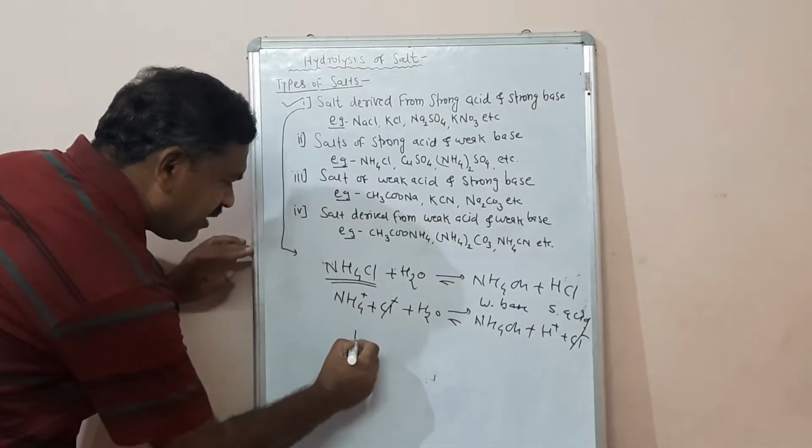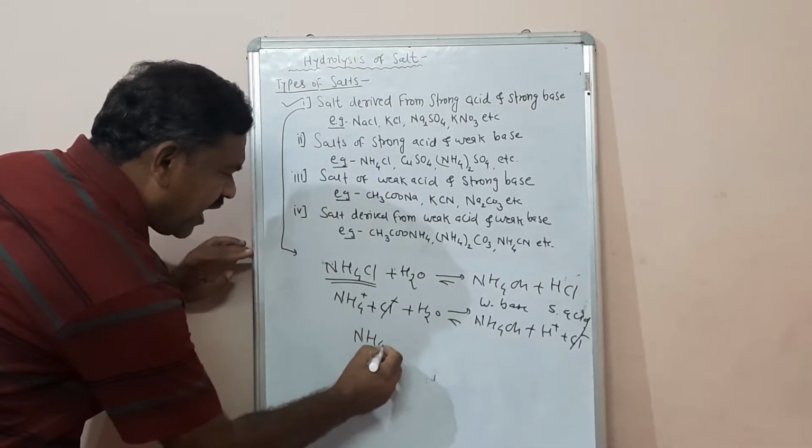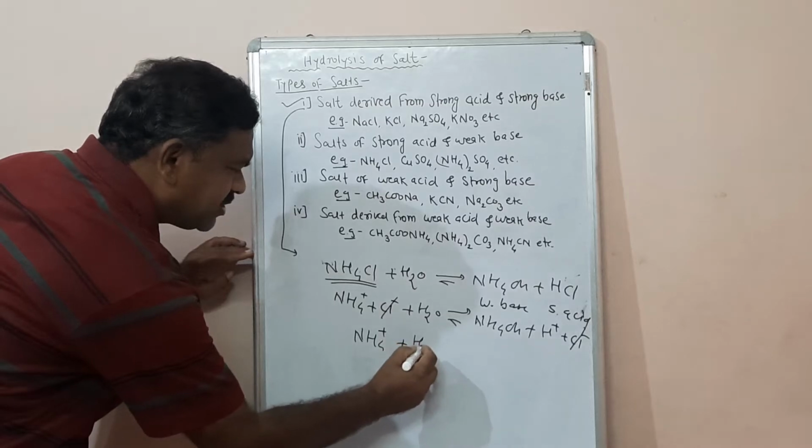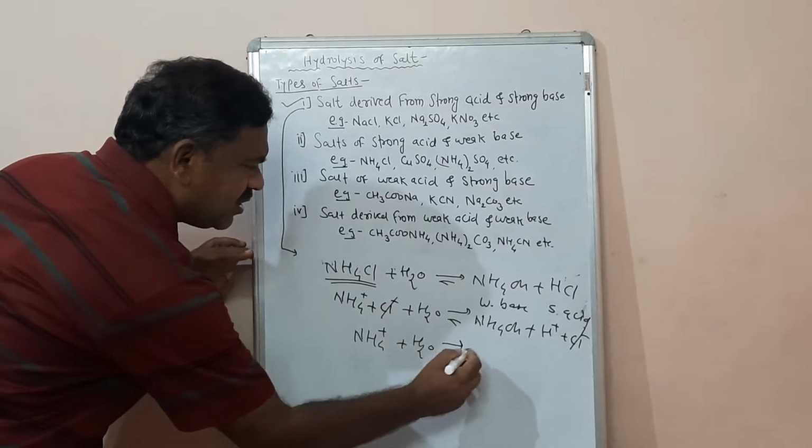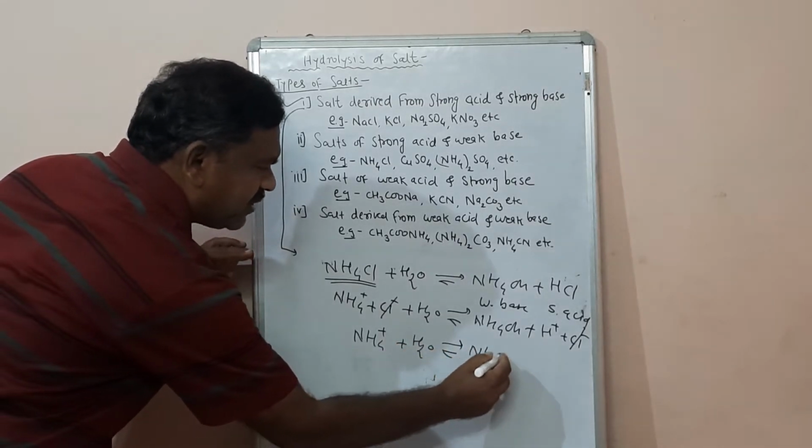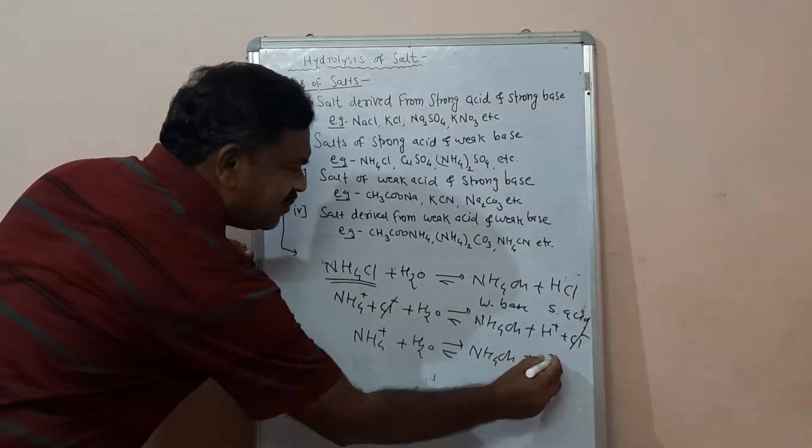Only the ammonium ions remain: NH4 plus plus H2O gives ammonium hydroxide and H plus.